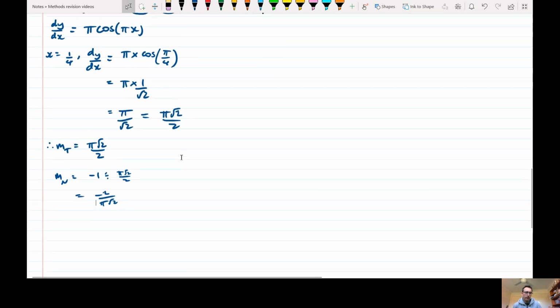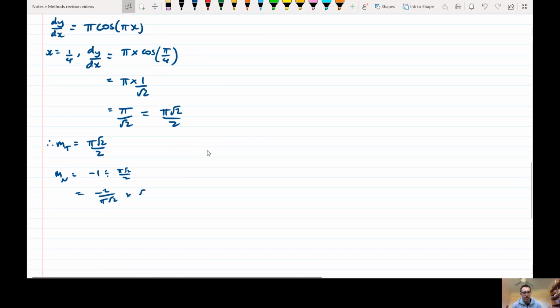Again, we don't like having a root in the bottom if we can avoid it, so we're going to multiply by our root 2s, and you're going to end up with negative root 2 over 2 pi, because root 2 times root 2 is 2. That's going to cancel with that 2 there, and you're left with negative root 2 over pi. So there's the gradient of your normal, and then there's the gradient of your tangent.